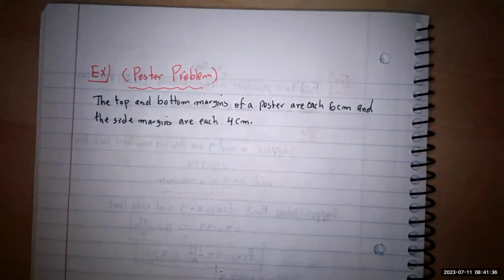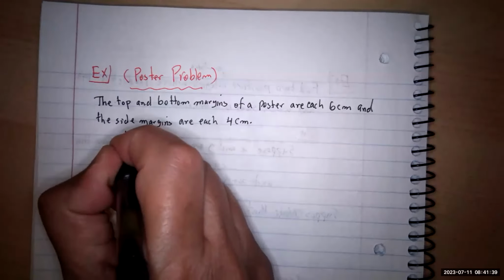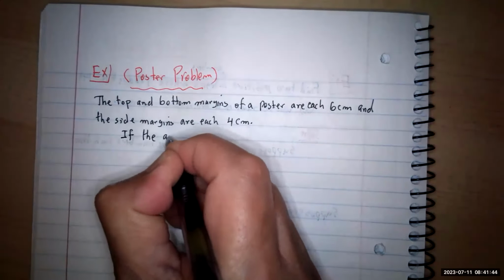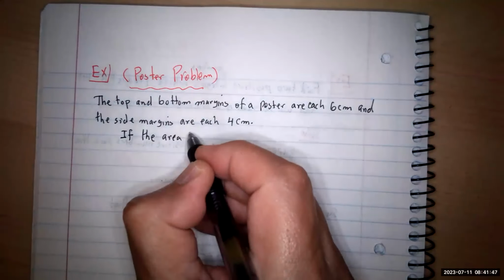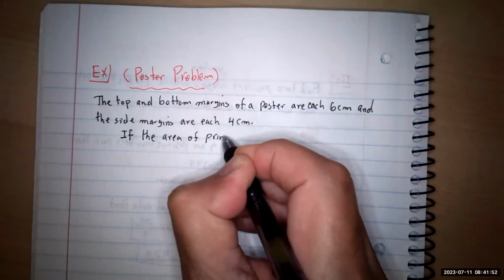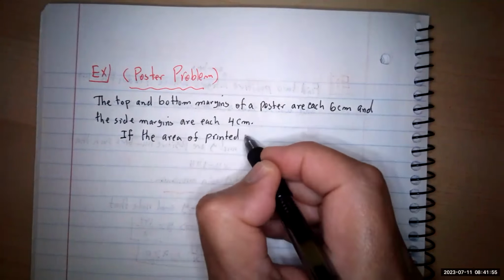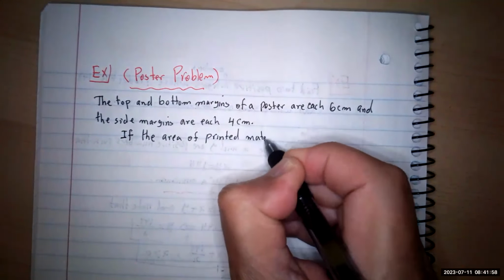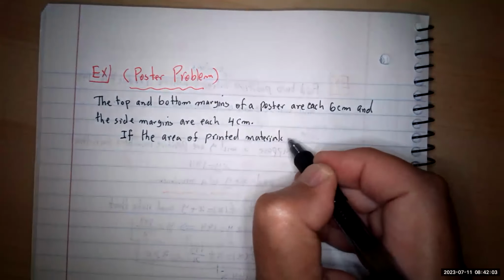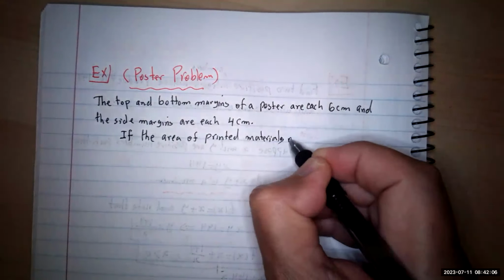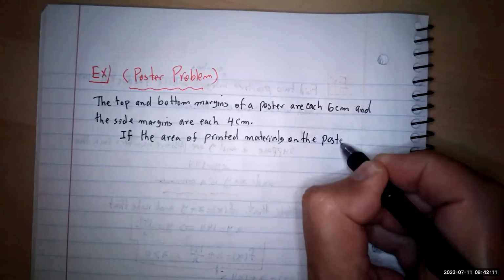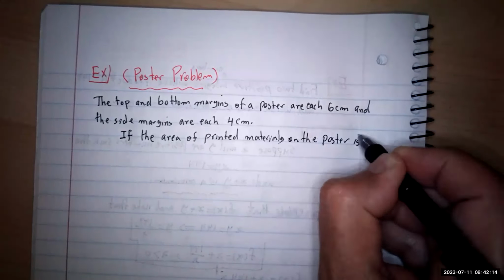The problem is if we have something to print. If the area of printed materials, this is the one that you want to print, the printed material on the paper, on the poster, is fixed.